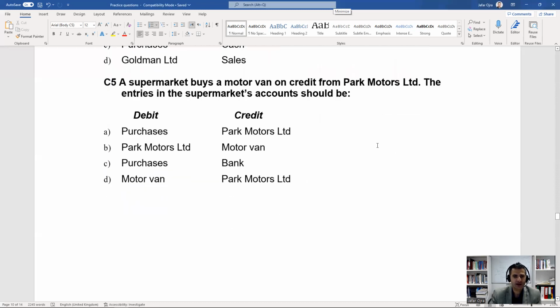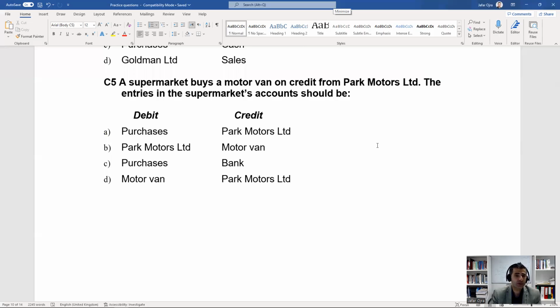Let's have a look at C5. A supermarket buys a motor van on credit from Park Motors Limited. So what would happen here, guys?